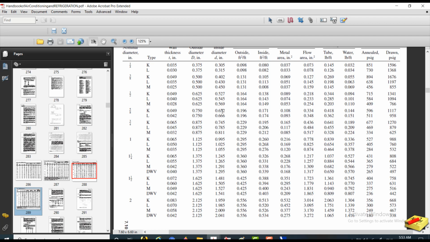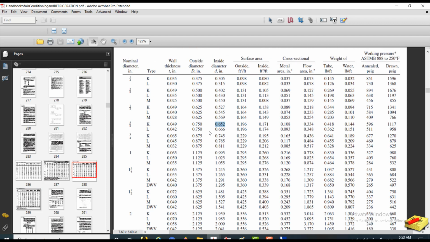Somewhere here that will be 0.65. So dito tayo, it falls in 0.65. So that is almost the nominal diameter of 5/8 yung tubo. 0.652 nominal diameter inside. So we have 5/8 usually the size.